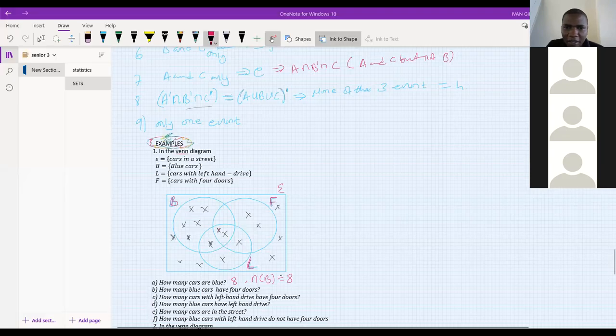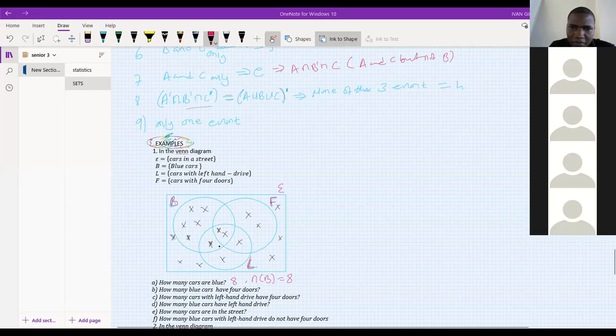So, how many blue cars have 4 doors? 2. So, yes, Ezra, you raised your hand? 2. So there are 2 cars.